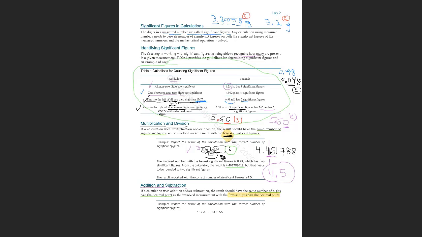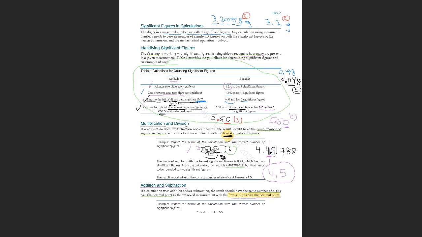If a calculation uses addition and/or subtraction, the result should have the same number of digits past the decimal point as the involved measurement with the fewest digits past the decimal point.